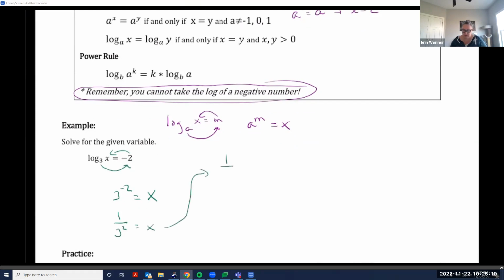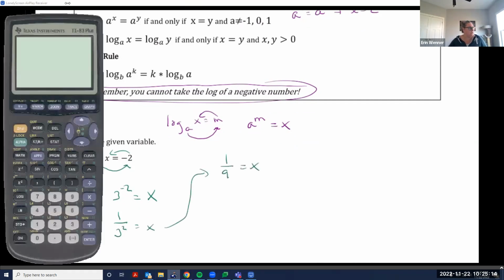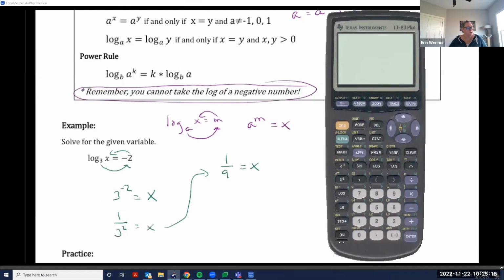Now, if you were to plug this into your calculator, you're going to get a weird value, right? If we did 3 to the negative second, it's going to give us a decimal number of 0.1 repeating, and 0.1 repeating is 1/9. On your graphing calculator, you can get it to convert your value to a fraction for you.